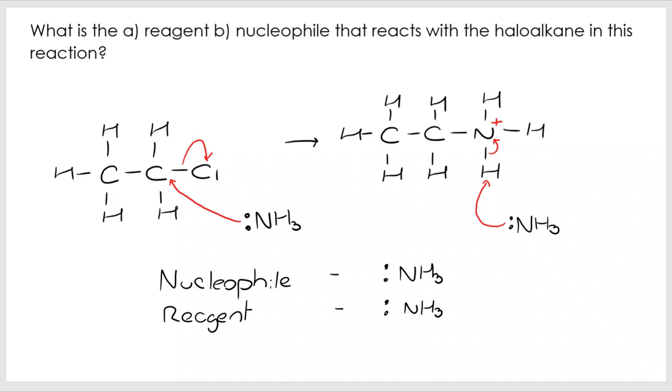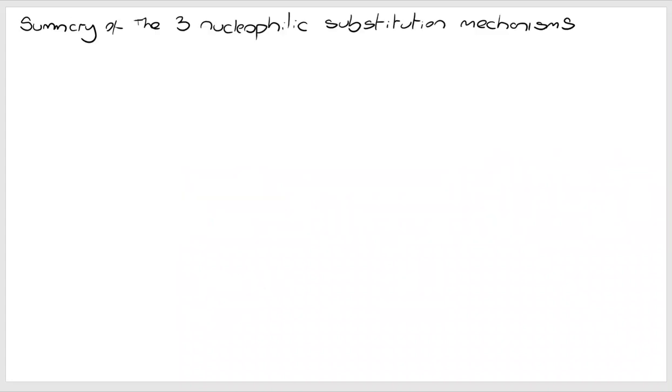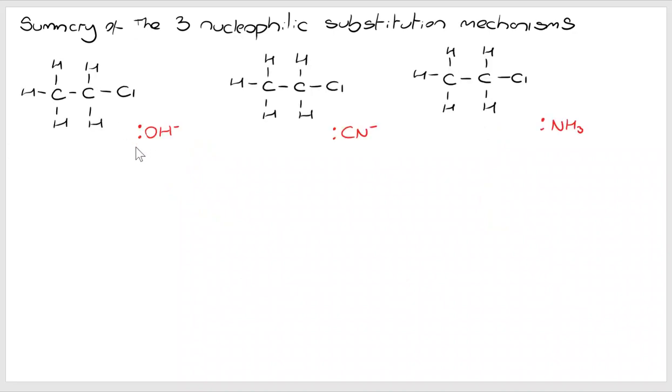Ammonia does exist as a stable compound, so we don't need to consider anything it might be connected to, bonded with, etc. I'm going to finish off this video with a little summary of the 3 nucleophilic substitution mechanisms. And if I draw them all out side by side, you can see I've got my 3 different nucleophiles here. They all attack in exactly the same way, the curly arrow going to the delta positive carbon.